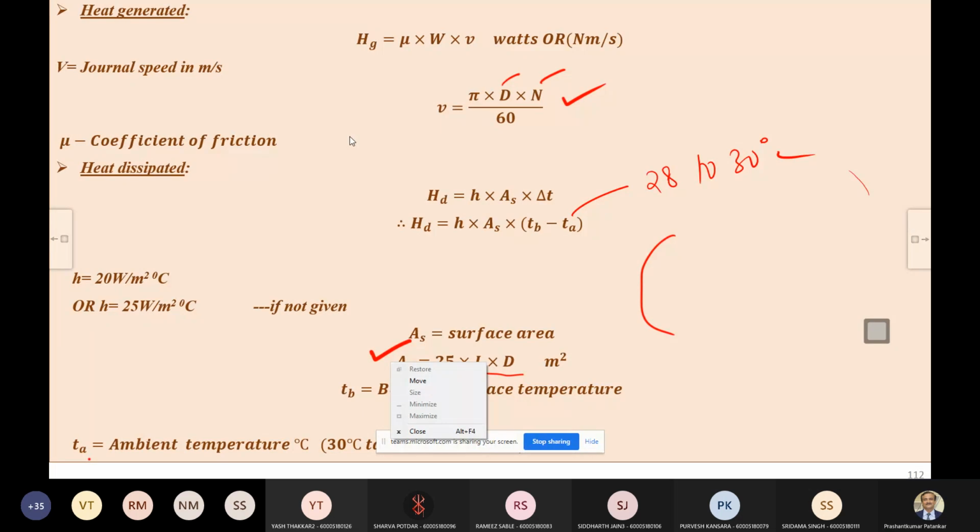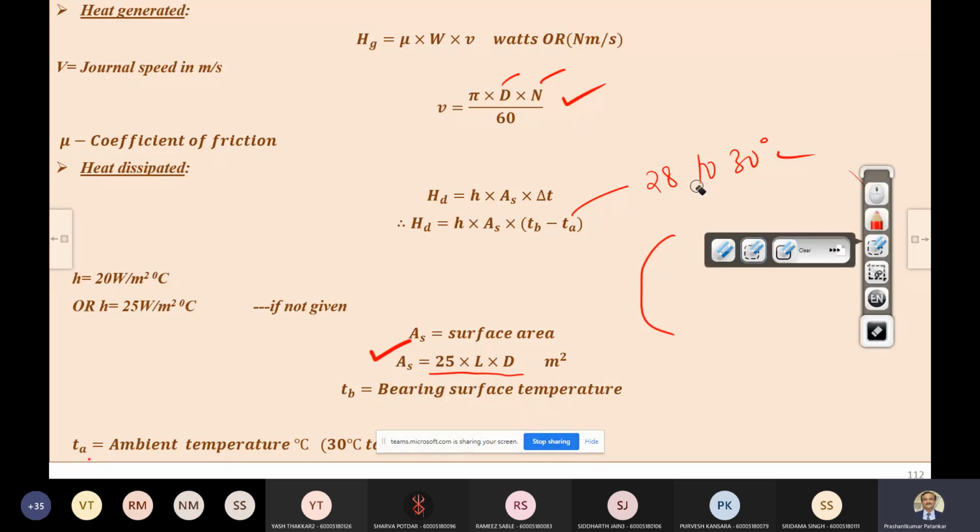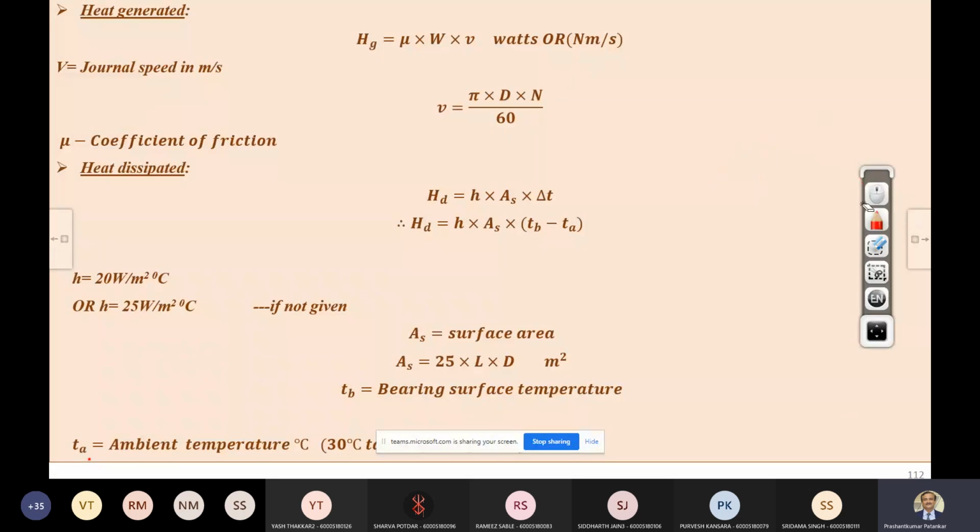So this is all about your hydrodynamic journal bearing. Now after this I'm going to talk about the design procedure. So if anyone has any doubt, please unmute and ask me. Otherwise I will start with the design procedure of your hydrodynamic journal bearing. I mean, what are the various steps that we are going to follow as far as the design of the hydrodynamic journal bearing is concerned?